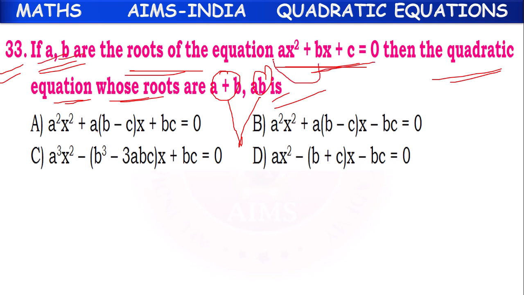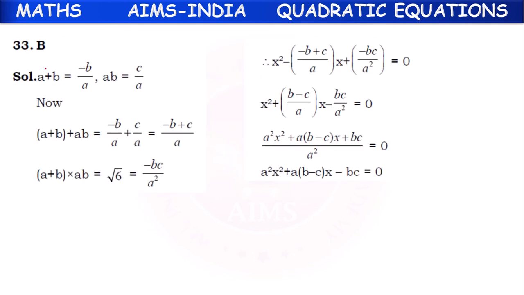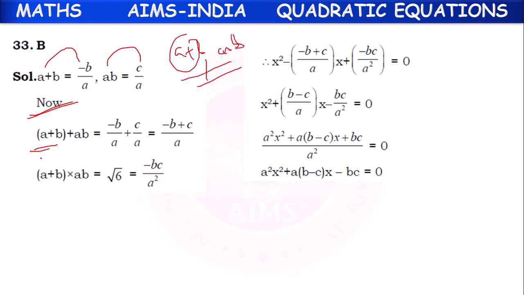Sum of roots is minus b by a, product of roots is c by a. But we have to find the equation which has roots a plus b and ab. Let's do their sum first. Minus b by a plus c by a, which is minus b plus c by a.